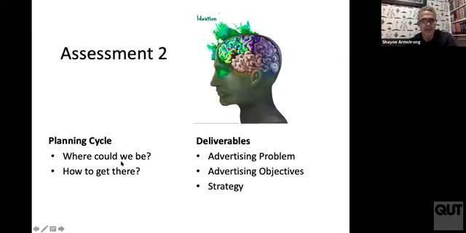So this is developing a strategy and how to get there. Okay, so developing our objectives as well. So you'll be defining an advertising problem that a campaign could solve. You'll be coming up with advertising objectives to measure our strategies against, and then you'll be articulating a strategy for it, target consumer, message strategy, all that kind of stuff.